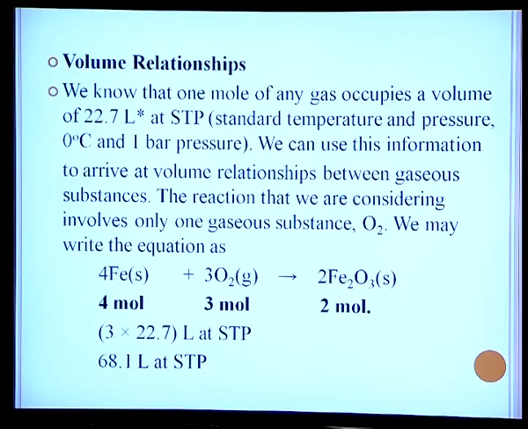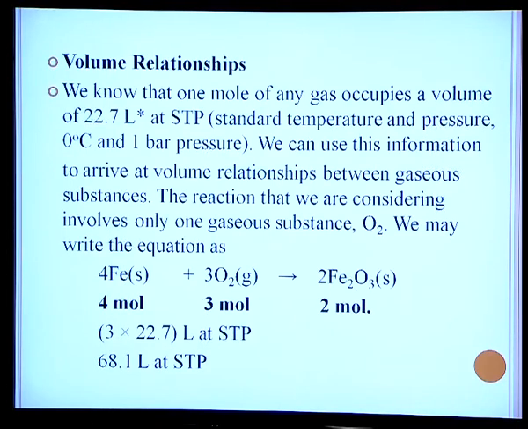Now, the volume relationship. We know that 1 mole of any gas occupies a volume of 22.7 liter at STP, that is standard temperature and pressure, 0 degree centigrade and 1 bar pressure. We can use this information to arrive at the volume relationship between gaseous substances.